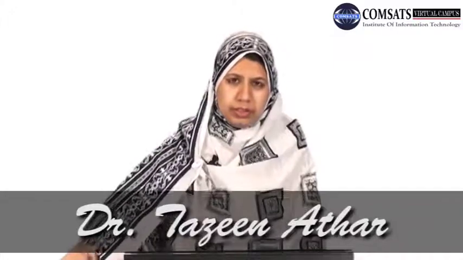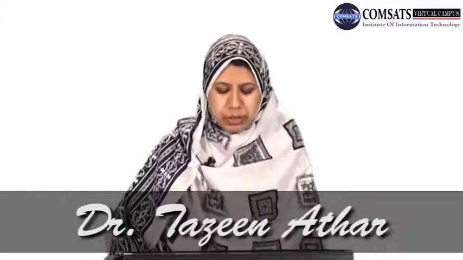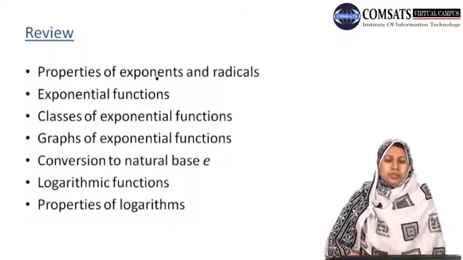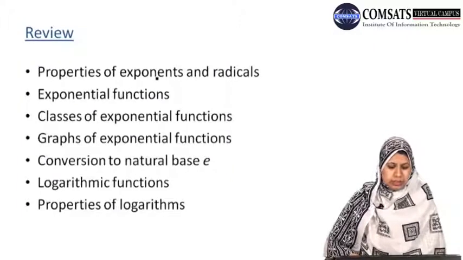Today we will continue with our chapter 7, which is about exponential and logarithmic functions. In our previous two lectures of chapter 7, we have studied the properties of exponents and radicals.